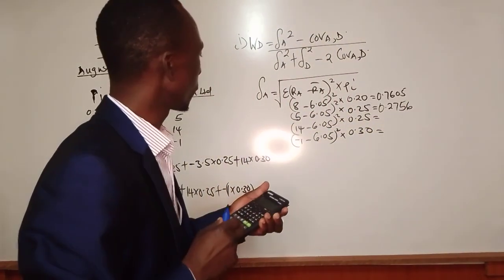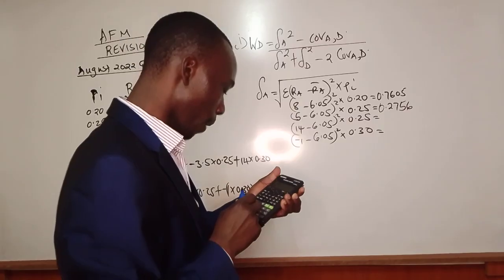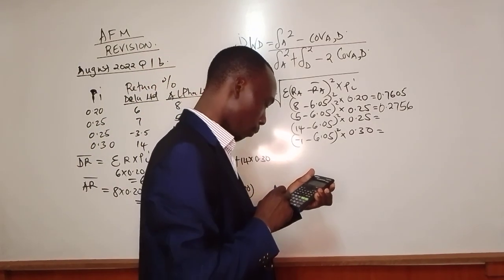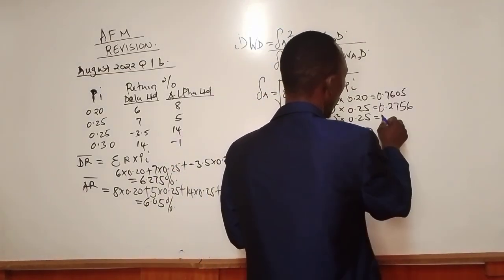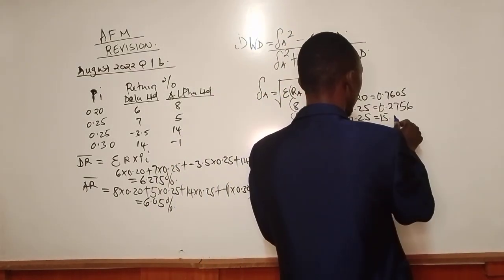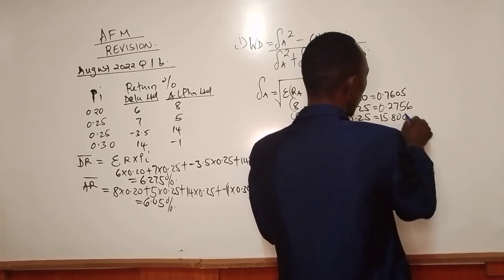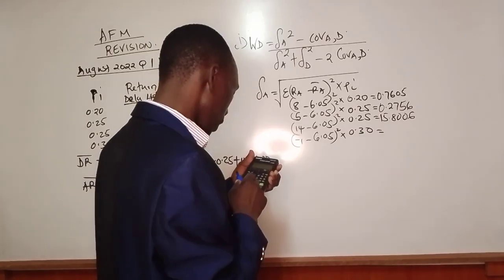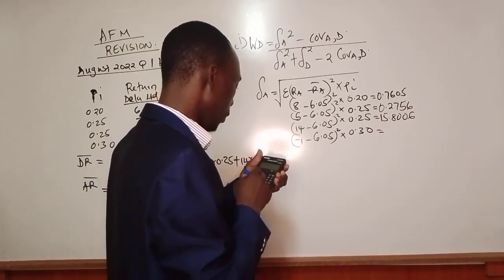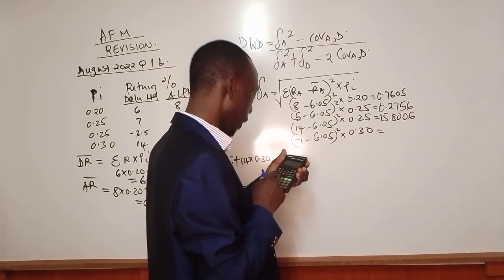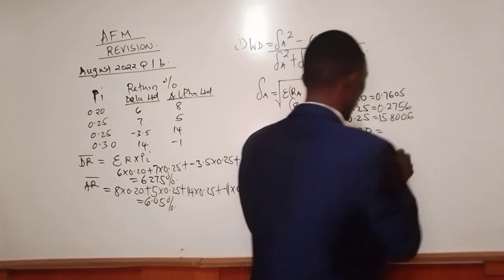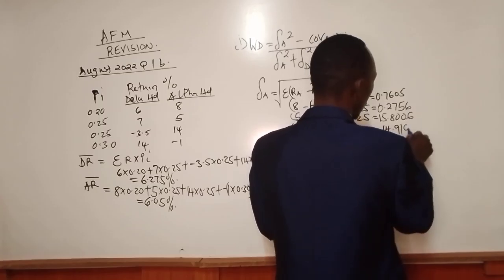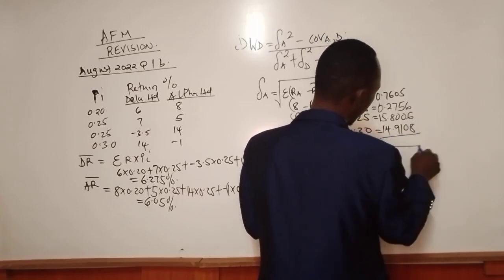Then the next one is 14 minus 6.05 squared times 0.25, so this one will be 15.8006. And finally we have negative 1 minus 6.05, then you square, then you multiply by 0.3. So this will be 14.9108. Then we get the summation.